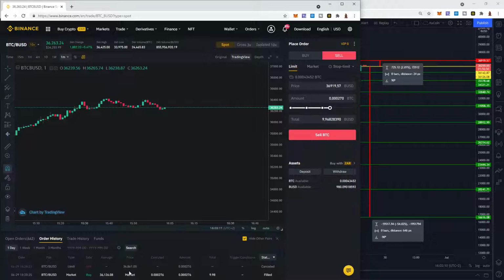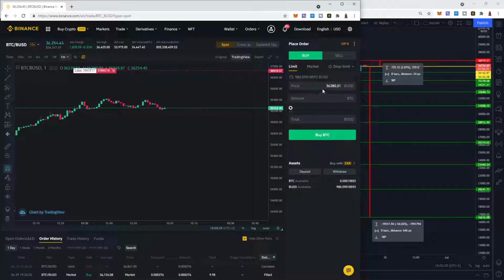What size was the trade? 276. Alright, 276. That should work. There we go. The order is in.